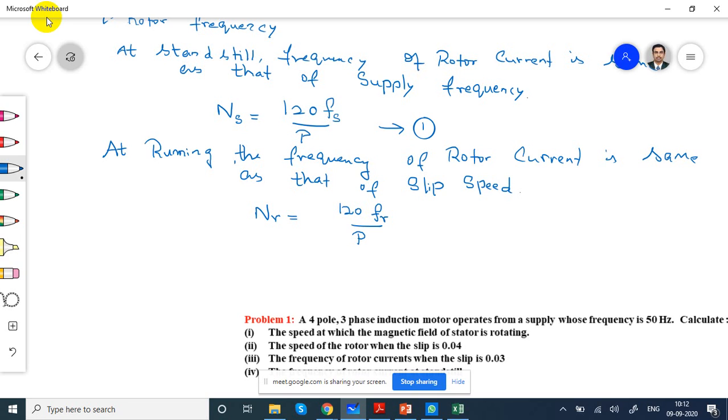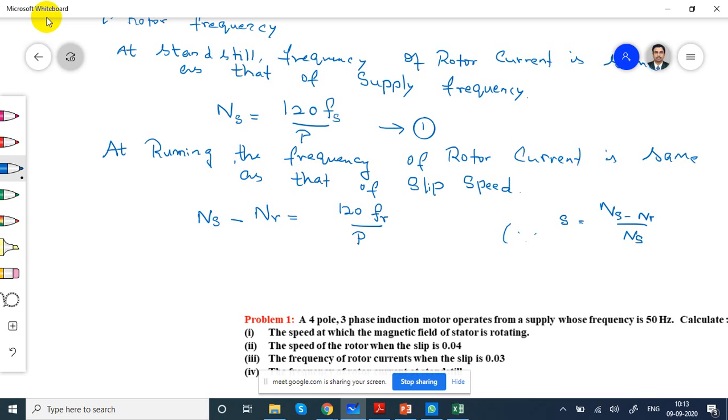Now here it will be a slip speed. Slip speed means ns minus nr. We know that slip s equal to (ns minus nr) by ns.